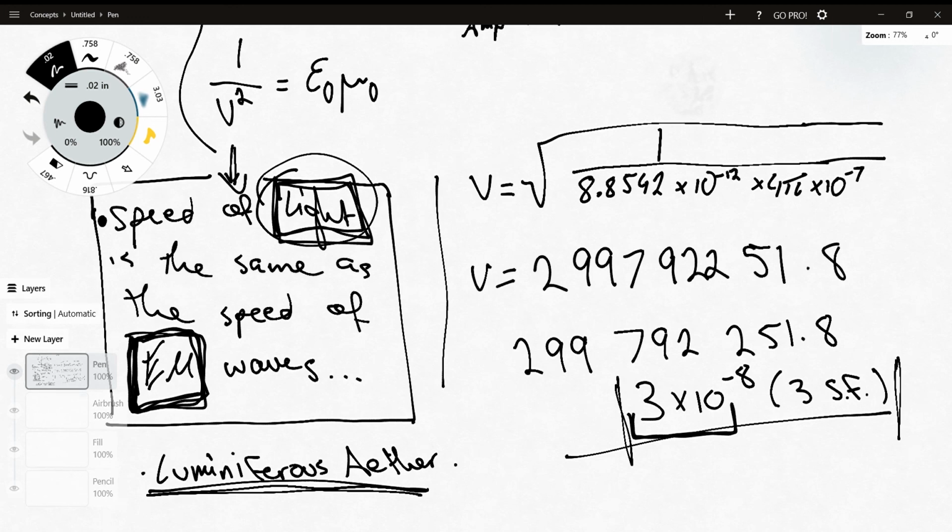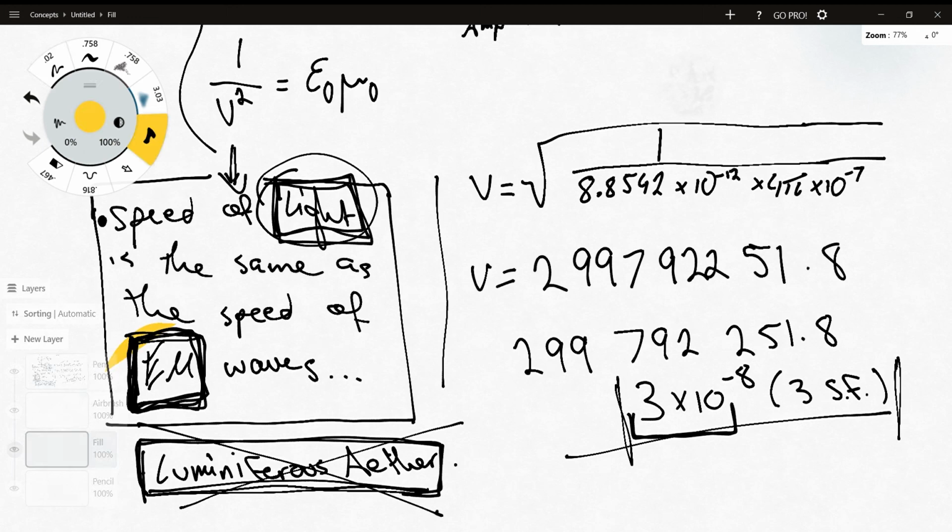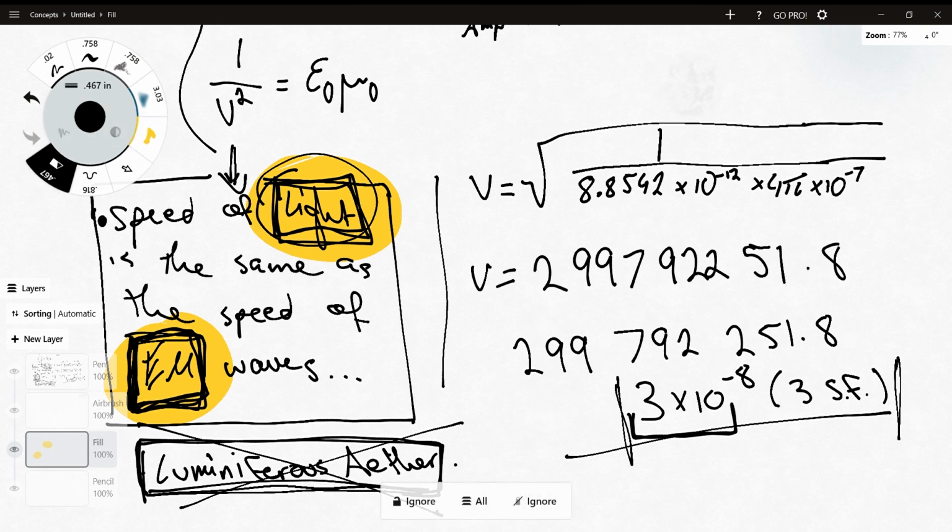Well, Maxwell concluded no. It's not that the medium through which these waves must travel is a shared one, but rather there's no proof of this medium. We know that these two phenomena, electromagnetism and light, have the same speed.